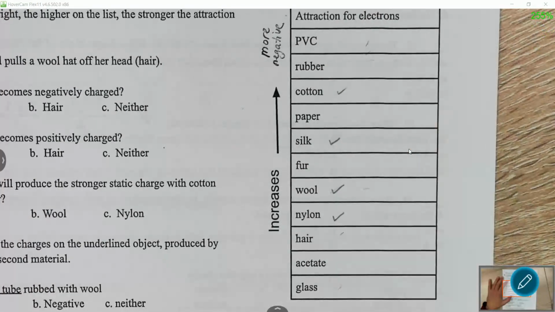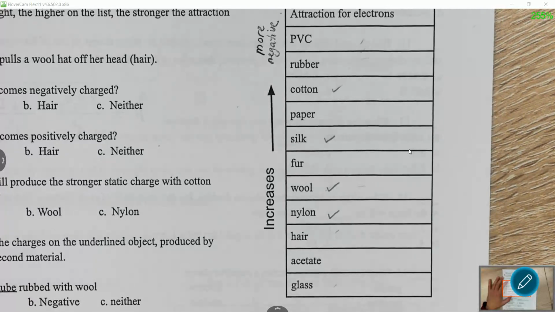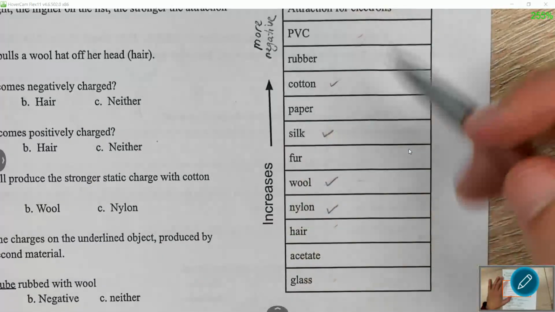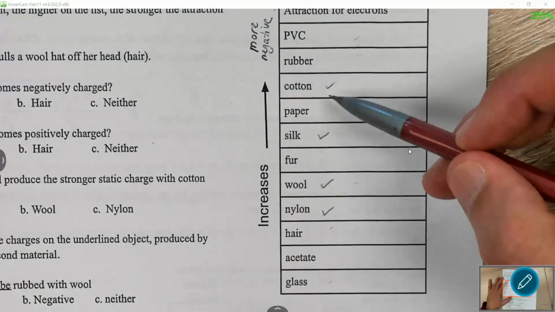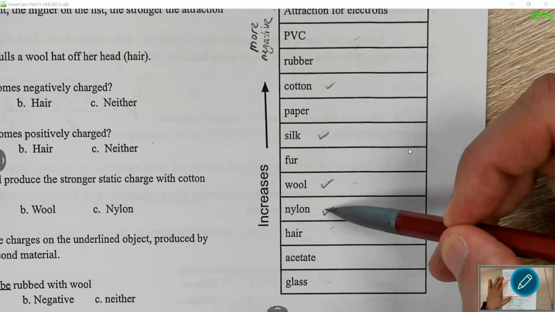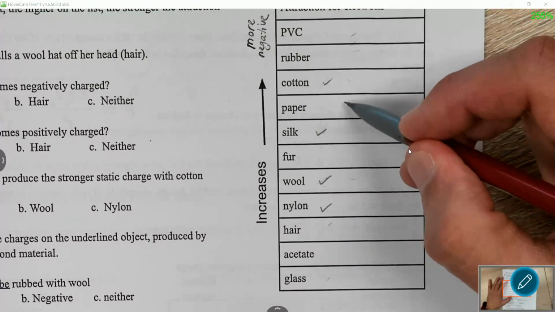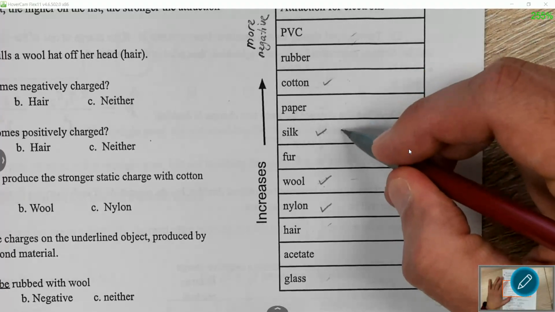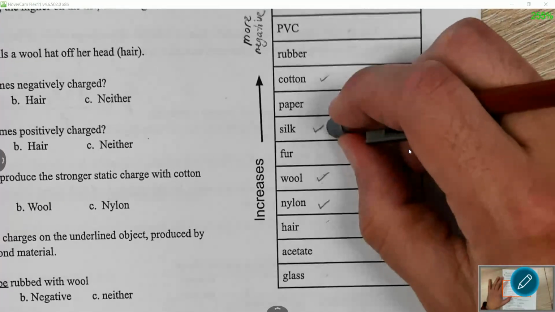These substances have a certain affinity to hold on to their electrons. The more up on this list we go, the stronger their attraction for electrons. So cotton is stronger than silk, but silk is stronger than wool, and wool is stronger than nylon. So let's just say you're here. Silk is 2 away, so cotton can take 2 electrons from silk.